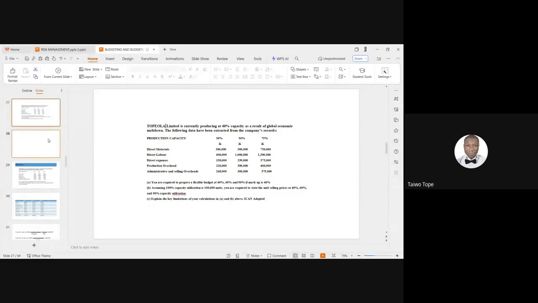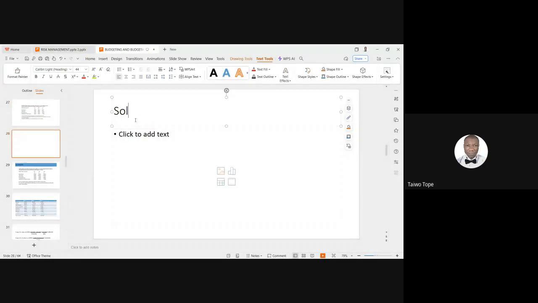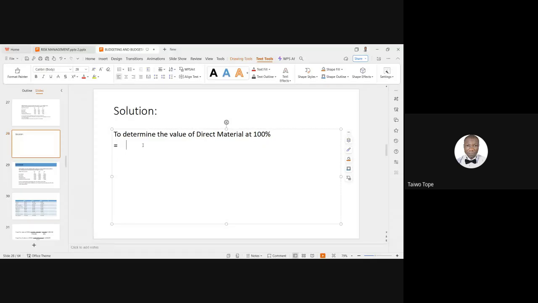Going by the formula, to determine the value of direct material at 100%, it is equal to the highest value of direct material, 750, minus the lowest value, 300, over the activity level, the highest 75% minus the lowest 30%.